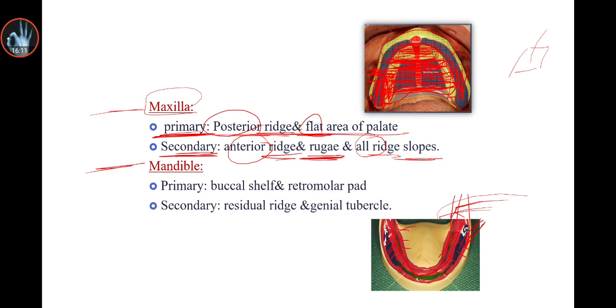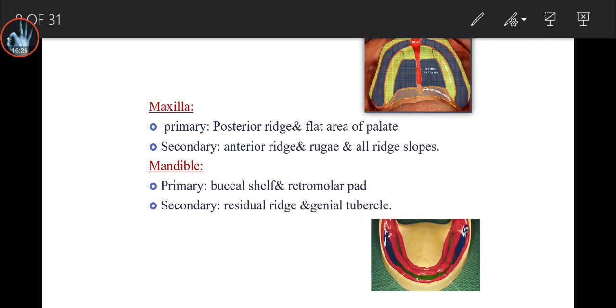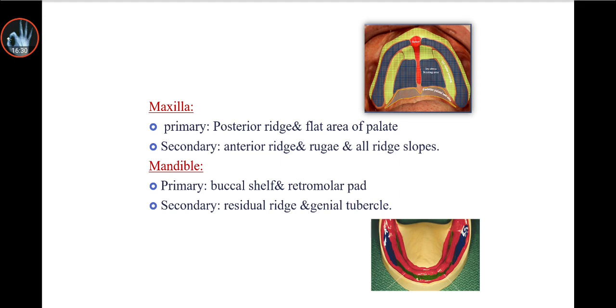On the mandible, the primary stress bearing area is the buccal shelf and the retromolar bed. I don't know if there is a picture here, but this is the buccal shelf.